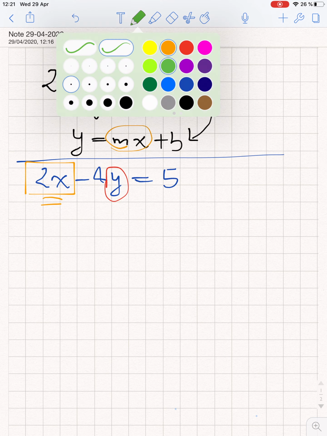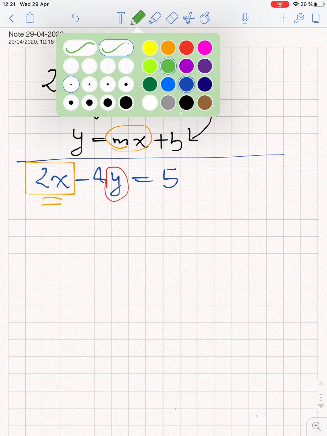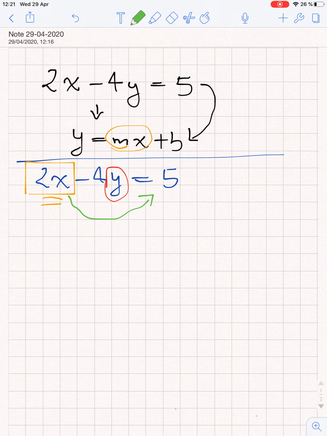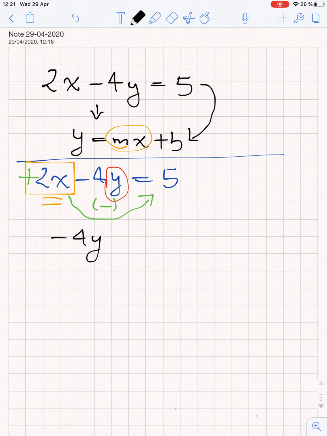Therefore we are going to move this first. Now if we move the 2x to the other side, we know that it is plus, now it's going to be minus. We will have minus 4y equal 5 minus 2x.